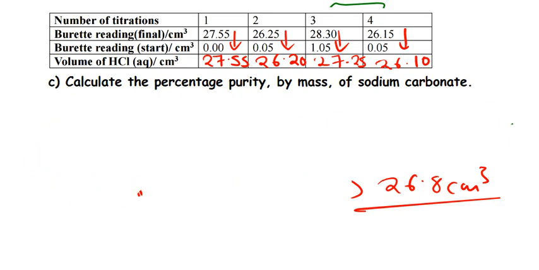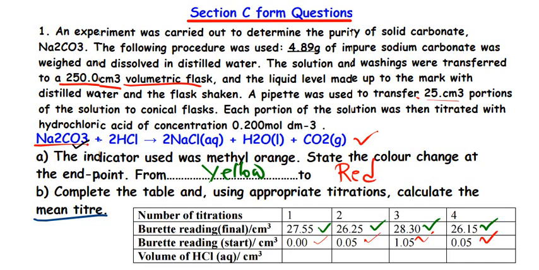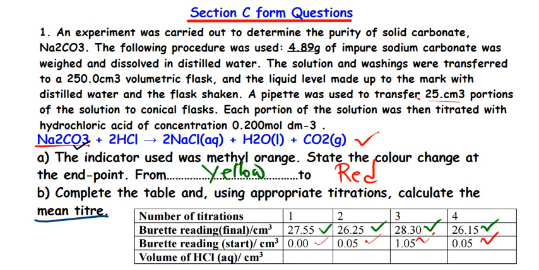Now, part C says we need to determine the percentage purity by mass of sodium carbonate. Let's take note of the mean titer, 26.8 cubic centimeters. I told you what we started with was an impure mass of 4.89 grams.